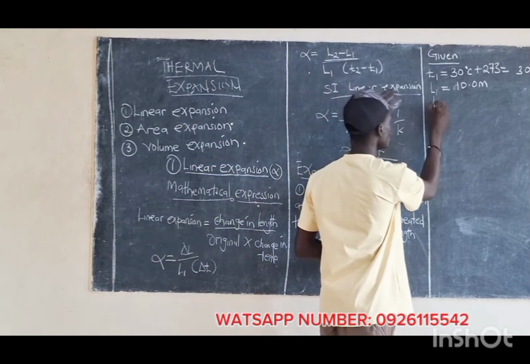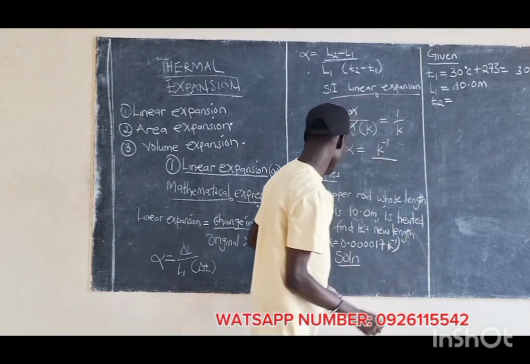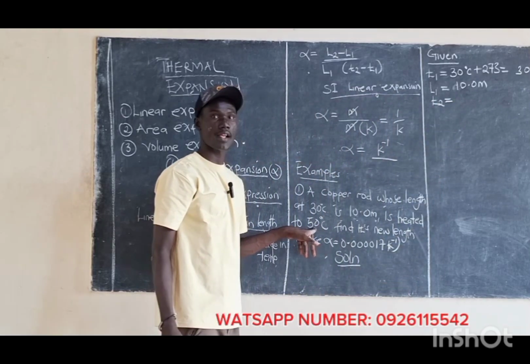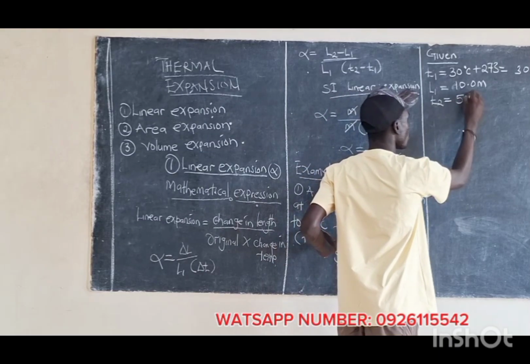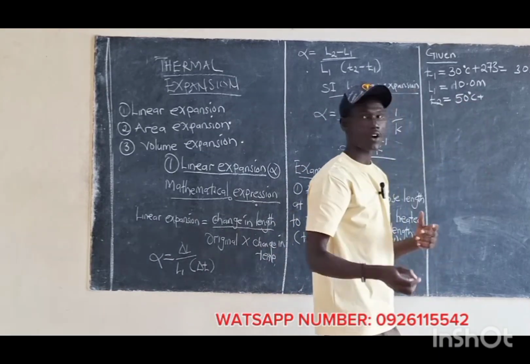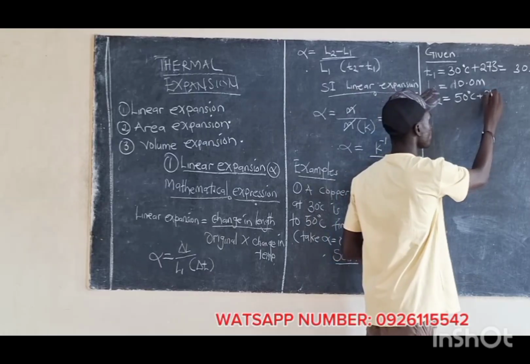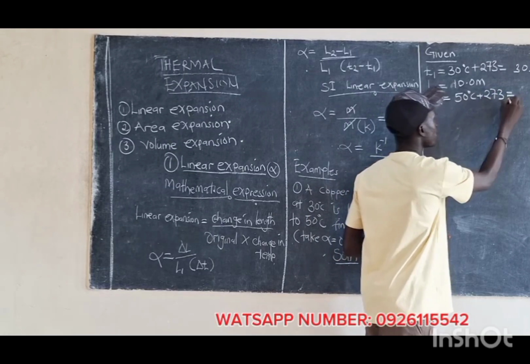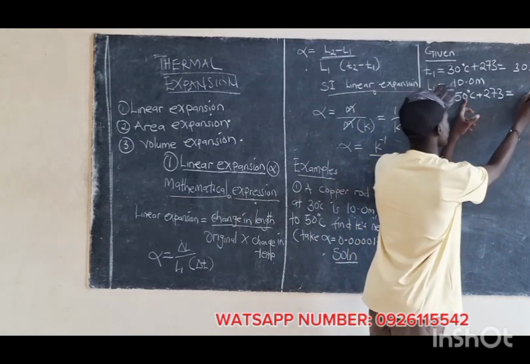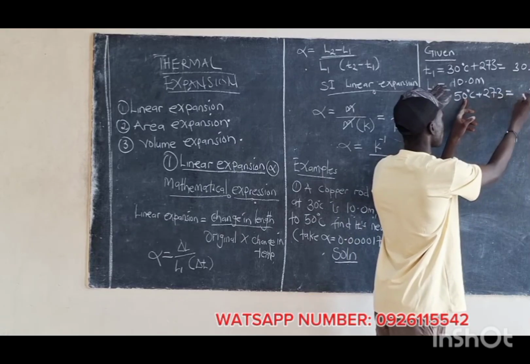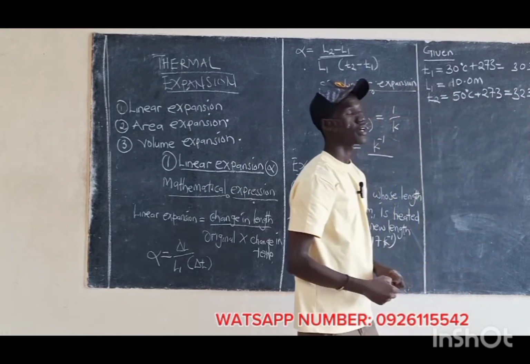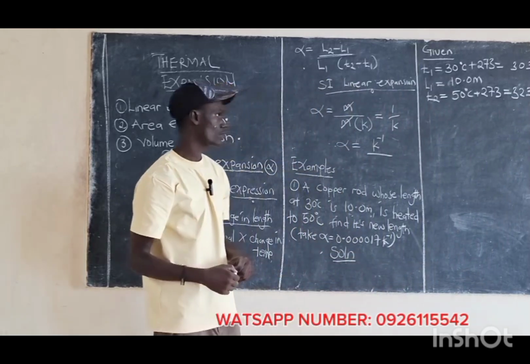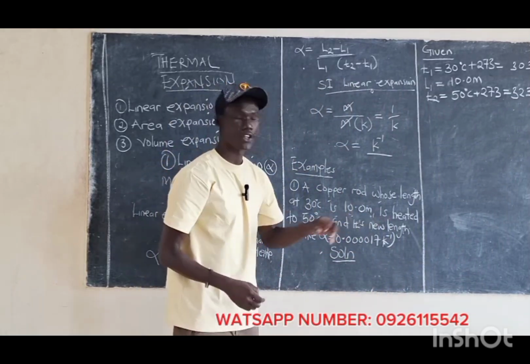Our T2 is equal to 50 degrees Celsius. We also convert it to the standard unit of temperature by adding 273. This one is 3, this one is 2 carry 1, that is 323 Kelvin.